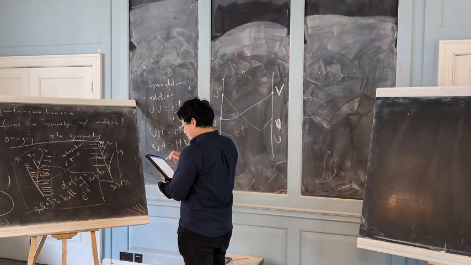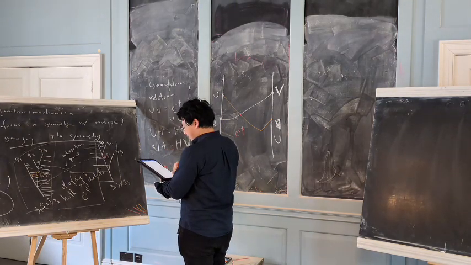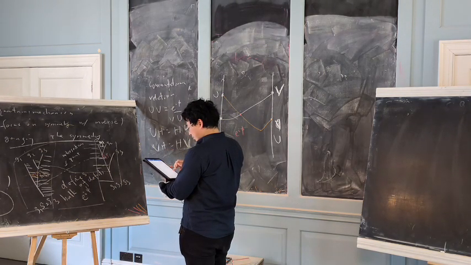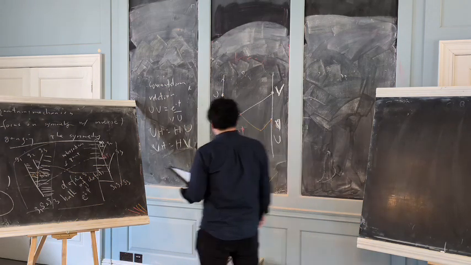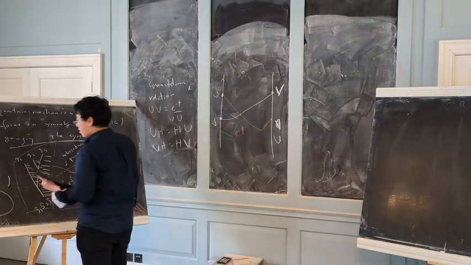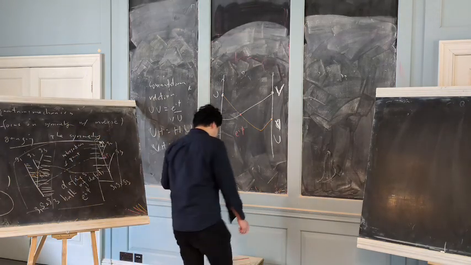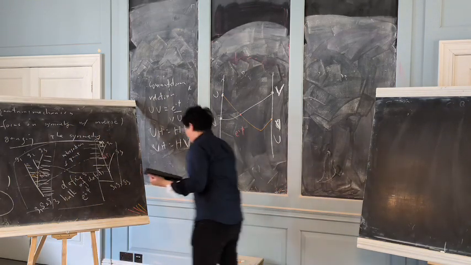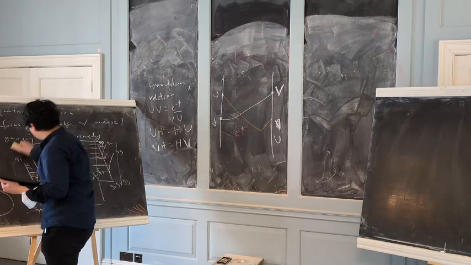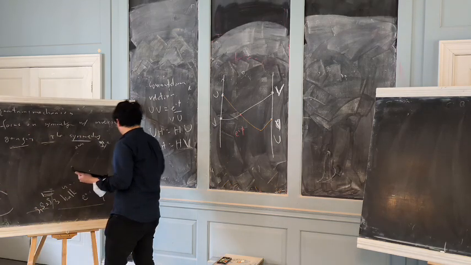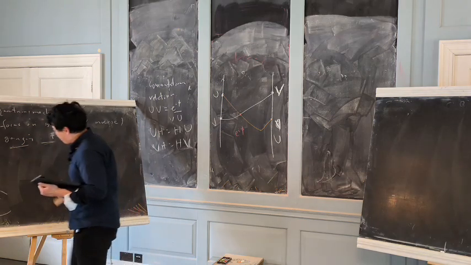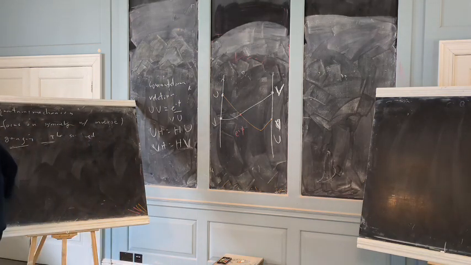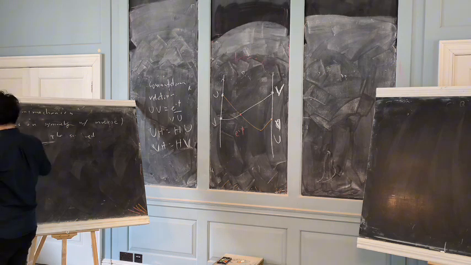Okay, so I'm going to discuss some examples. The first example I'm going to discuss, well, basically I'm only going to discuss quantum mechanics. This is simpler. The first example is just a free qubit, or a two-level quantum mechanics.